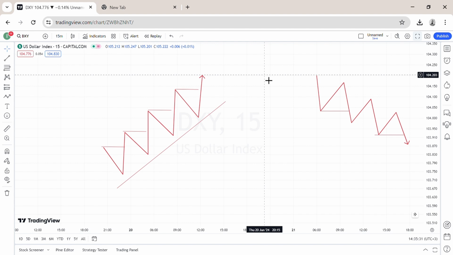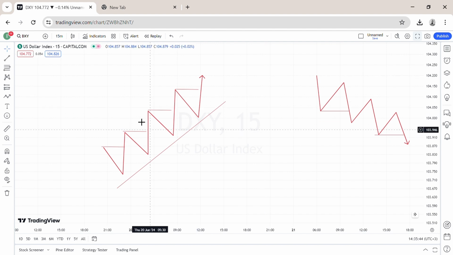Ensure that there is a continuous break of structure in the same direction. If you want to enter, ensure that the price displaces above the previous swing, that is breaking the structure, displacing. Expect a retracement. Do you see this? These are retracements.